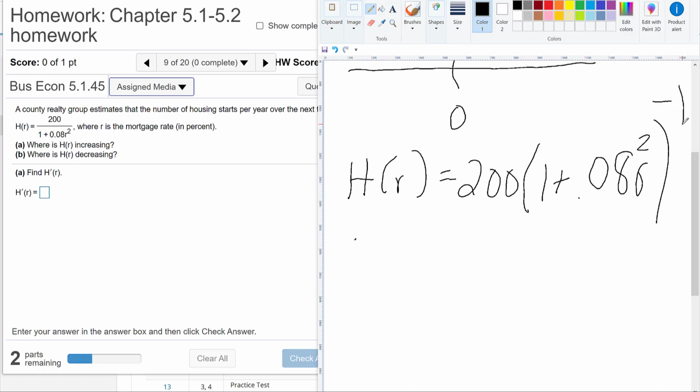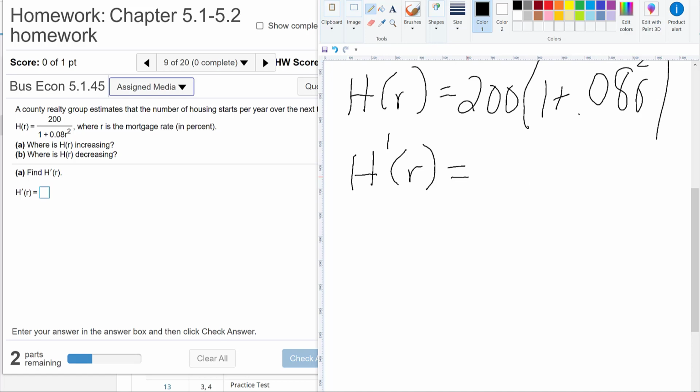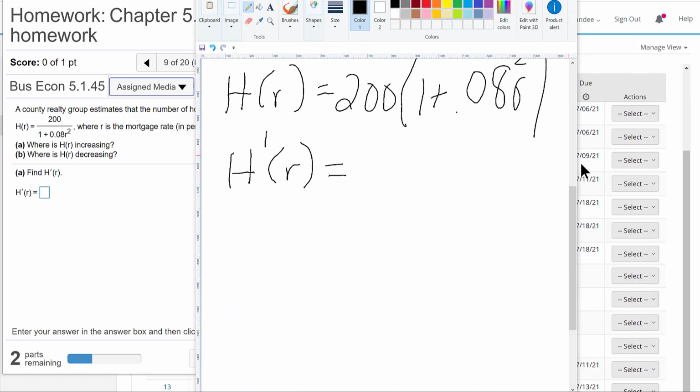So we're going to find the derivative by using the quotient rule, even though when we take the derivative of the numerator, it's going to be 0. So remember, when you're doing your quotient rule, you always start and end with the denominator.